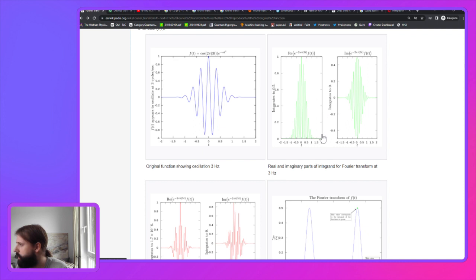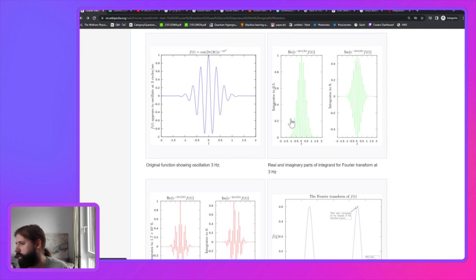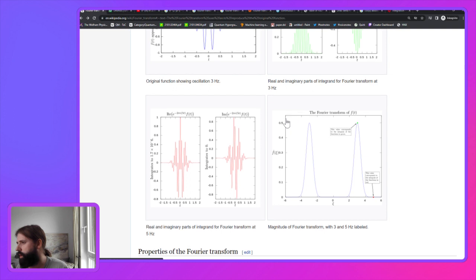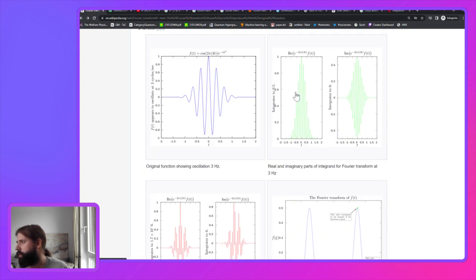For example, whereas this is the real part. This is the complex part. So the real part is only positive. That's what it's actually saying.